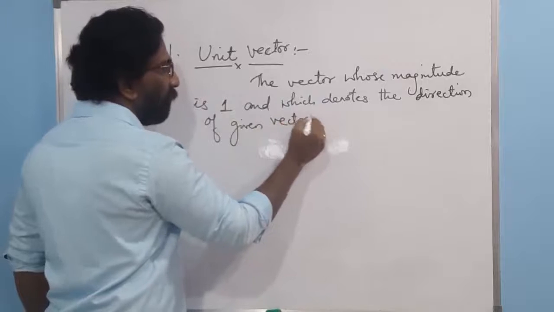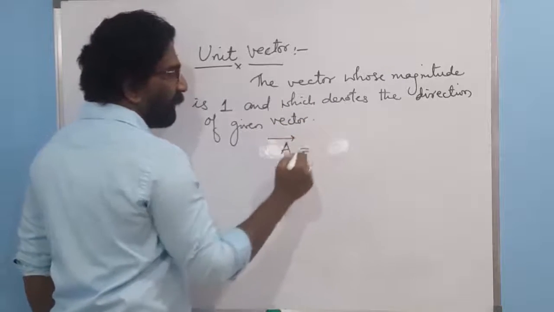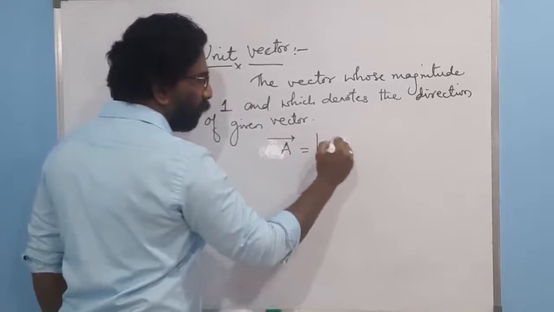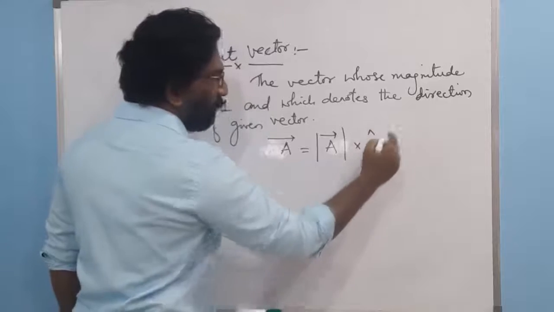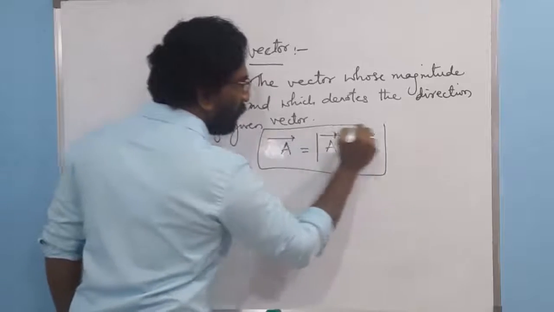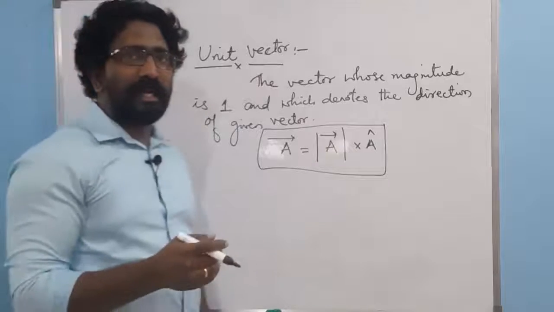From this we can even write that if my vector is A, then I can write it as vector A equal to mod of A into A cap. What does this actually mean?